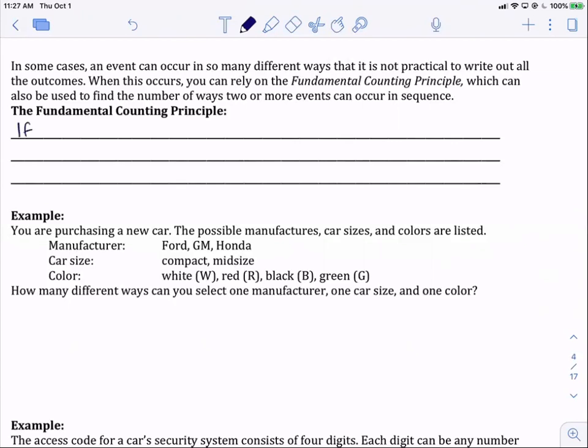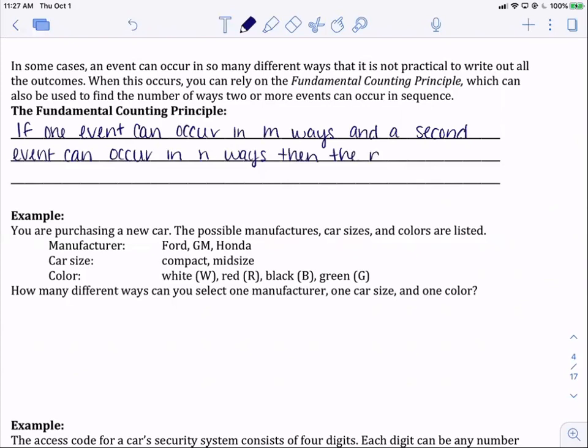And this says if one event can occur in m ways, and a second event can occur in n ways, then the number of ways the 2 events can occur in sequence is m times n. You're just multiplying them together.